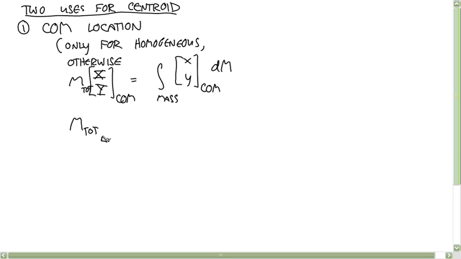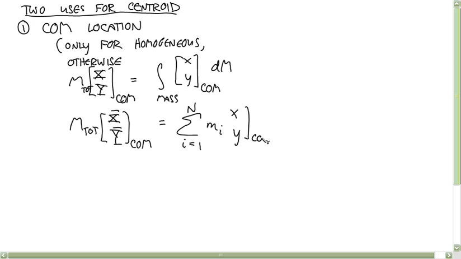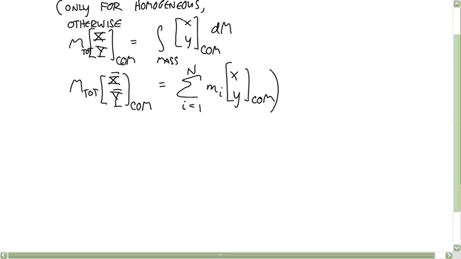M total times x, y, center of mass is equal to the sum over all the individual pieces of the individual mass times the individual center of mass. Okay, that was a long reminder.